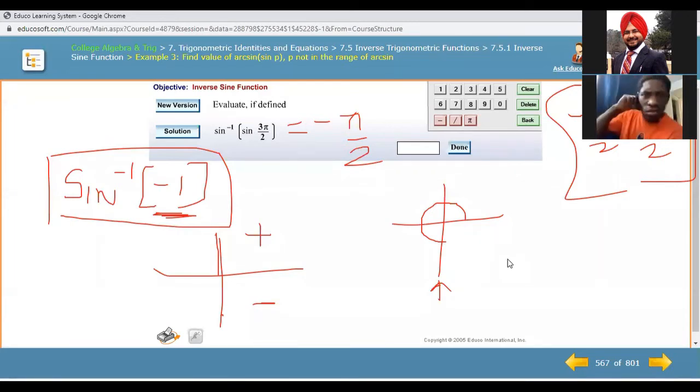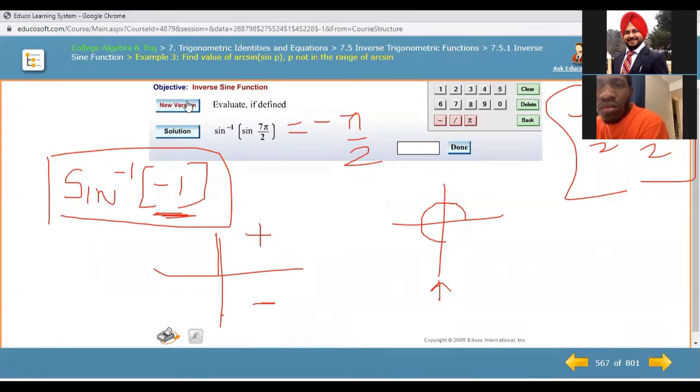I'll just write another question. One, two, three, four. Well, these are actually the same. All are going to the same point.